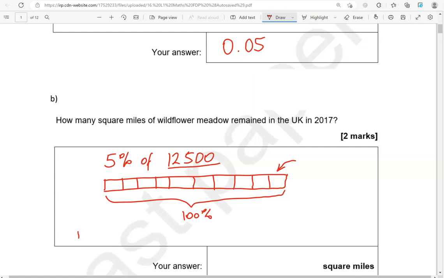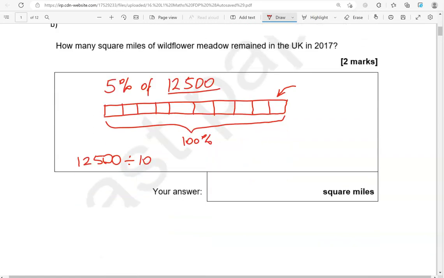So if I divide 12,500 by 10, I'll get 1,250. So I've just knocked off a 0. So this is 10%. We're looking for 5%. 5% is half of the 10% amount.